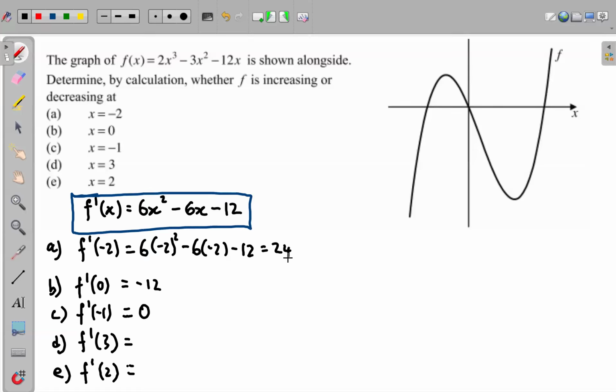Yeah, f prime of 0, we have agreed it's -12. F prime of -1 is a 0. And then f prime of 3 is also 24. Thank you so much, Bali. 24, excellent. Let's do the last one. What about f prime of 2?